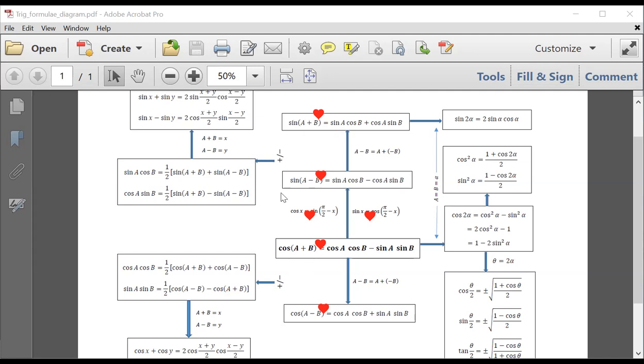Our diagram tells us that for these two, if we do adding and subtracting, we're going to get this piece, and from this piece we get to the next piece. We add and subtract these two, we get these two pieces, and continually we will get to the next piece.